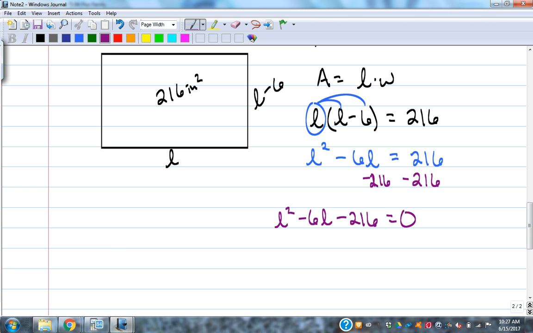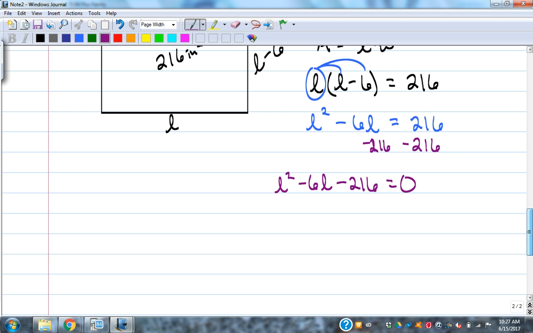And I could either use factoring or the quadratic formula to do this one. I don't know a whole lot about the number 216. So that makes me shy away from factoring here, because as far as getting a number that multiplies to be 216 and adds to be -6, I'm going to be guessing at that quite a bit.